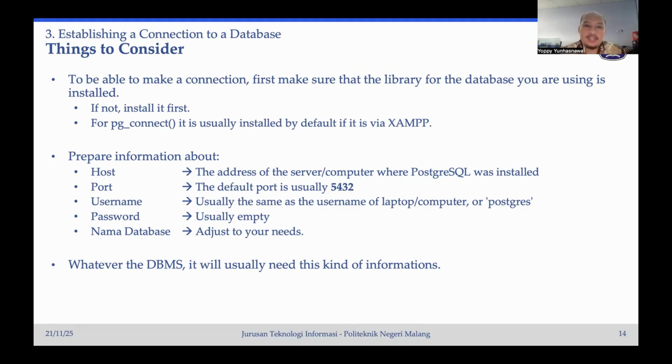Host here means the address of the server or computer where the database management system is installed. If you are using the same computer as your application, you can put localhost or 127.0.0.1, which means the same computer in the local environment.